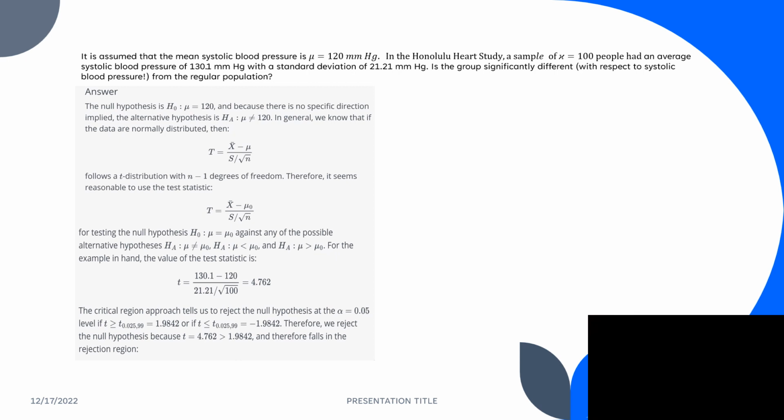Therefore, we reject the null hypothesis because t equals 4.762 is greater than 1.9842, and therefore falls in the rejection region.